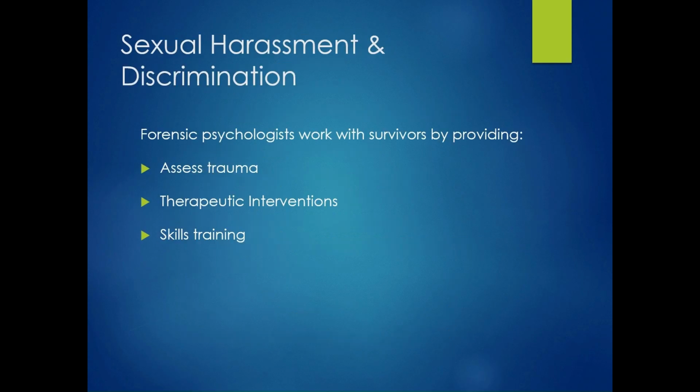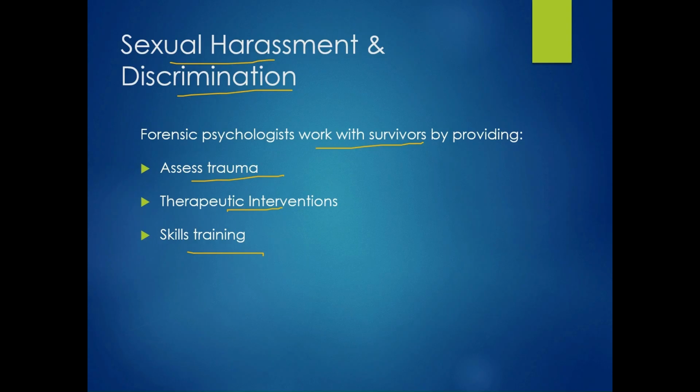Next would be the role of the correctional psychologist in sexual harassment cases and discrimination. Forensic psychologists here work with survivors by providing trauma assessment, therapeutic intervention and skills training. So in these cases the role of the psychologist shifts from offenders to survivors. Till now the psychologist was working with the offenders, right?